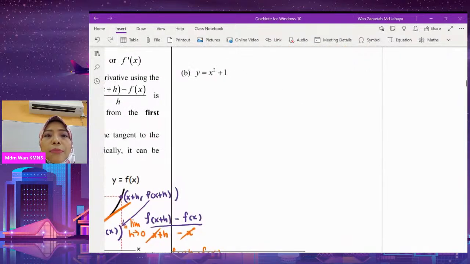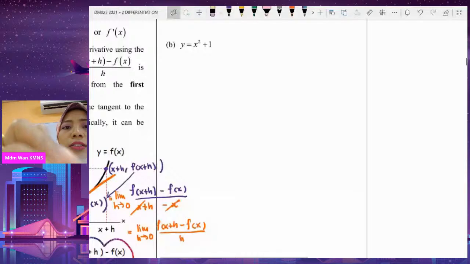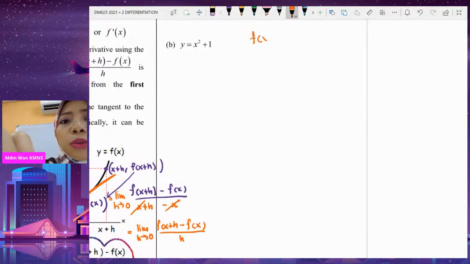Okay, now let's look at B. Again we are going to find, if given f(x), we write down f prime x if we want the differentiation.